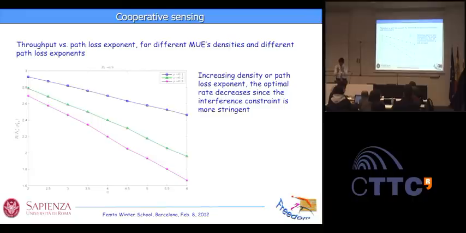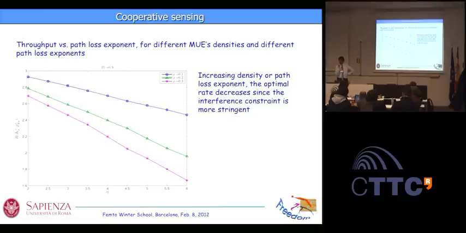I mean, taking into account both. If it's the same for both, then it should not affect. The reason I think it's decreasing with path loss is because we are not taking into account the interference, I don't remember. Here we assume the same path loss for the femto to macro or for the femto transmitter to the femto receiver, I don't remember if we use the same.